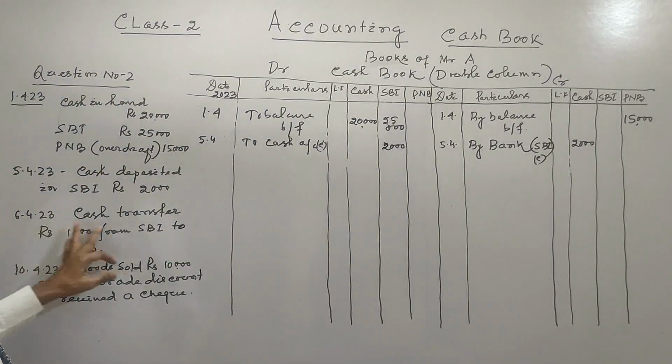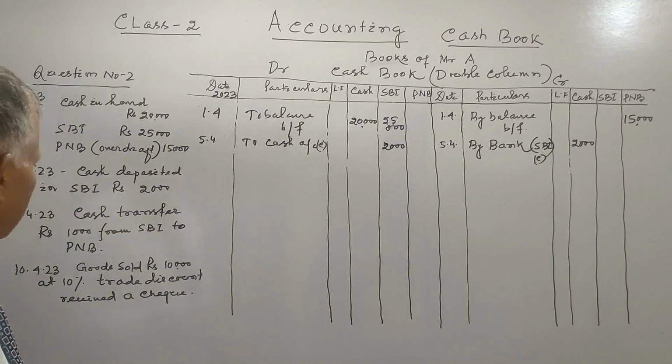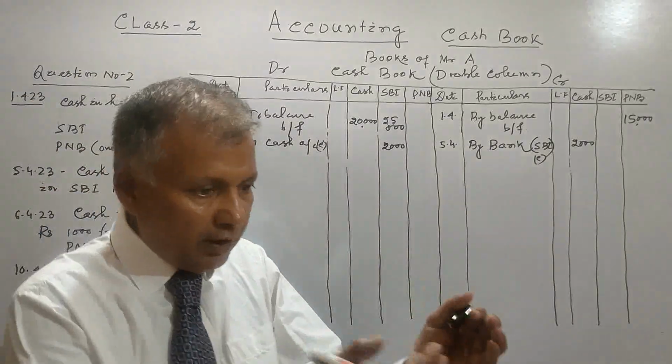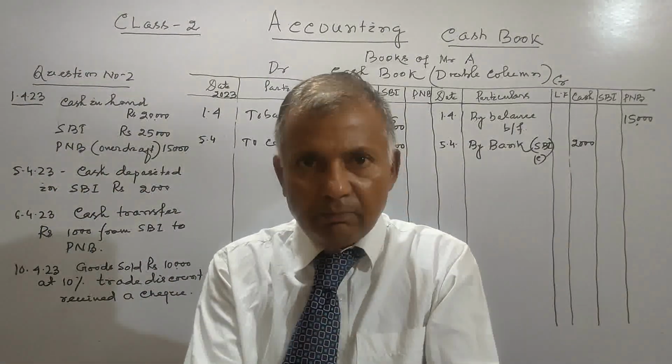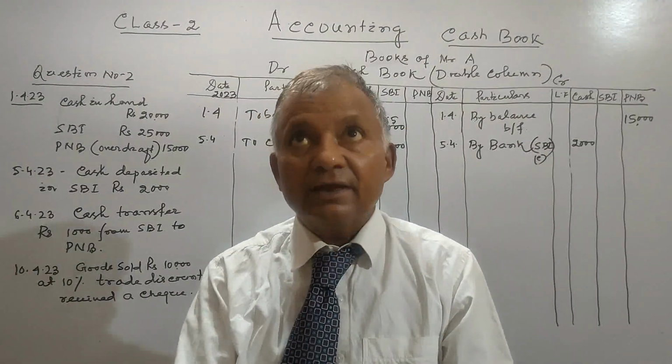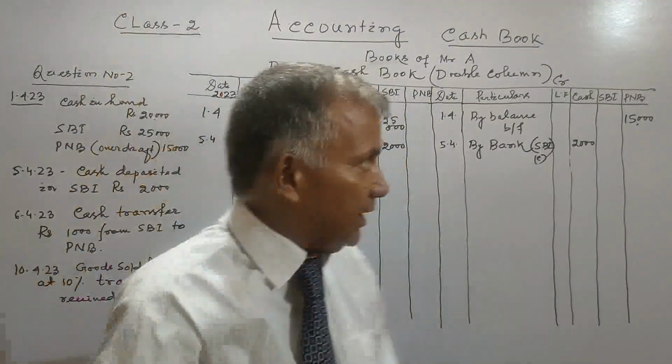Then comes the next entry: cash transfer rupees 1000 from SBI to PNB. That means money is transferred from SBI, so SBI will decrease, PNB will increase.